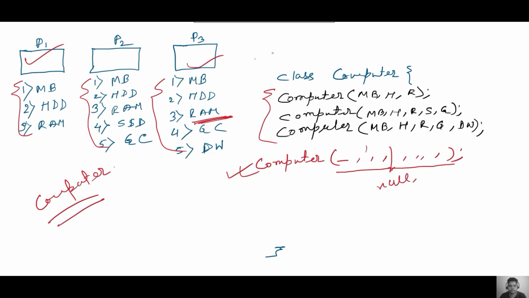When the number of parameters is less, it is easy to remember. But suppose you have 20 plus optional parameters, then it is really very difficult to remember the sequence of the parameters.